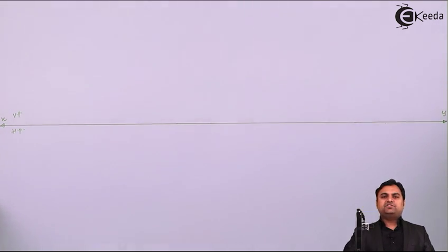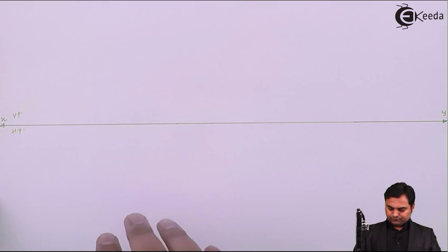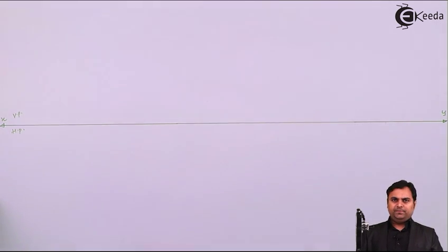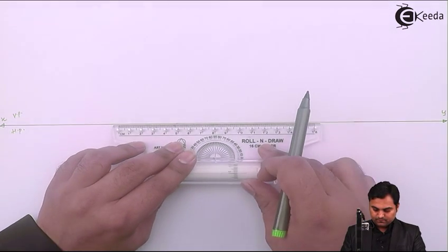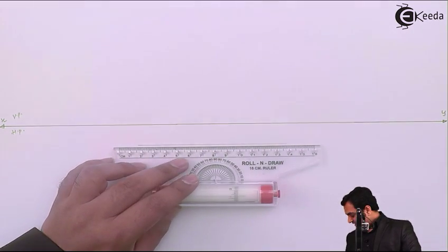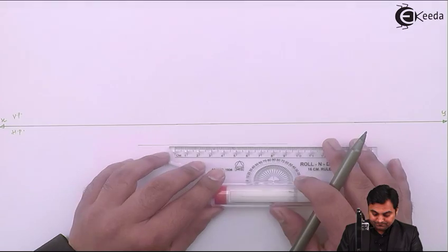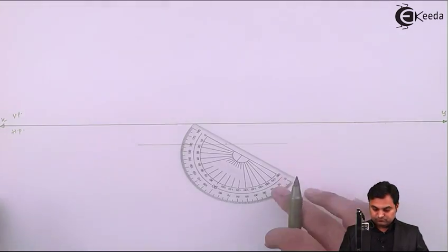Now in the question it was given that a pentagonal pyramid is resting in HP with edge of base parallel to VP. So for that I can draw the pentagon in this way. Drawing a light line, the side of the pentagon is 30 mm, measuring 30 mm.